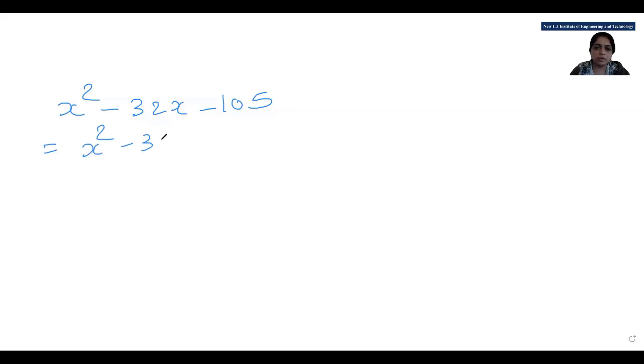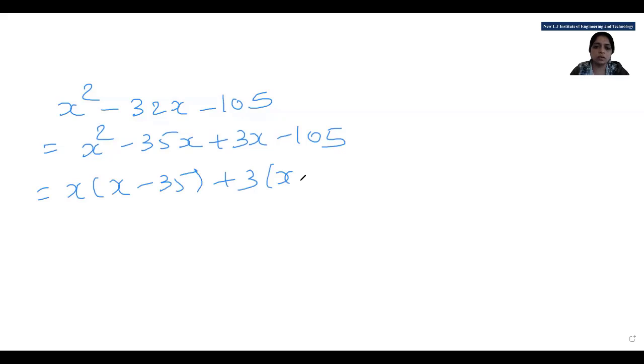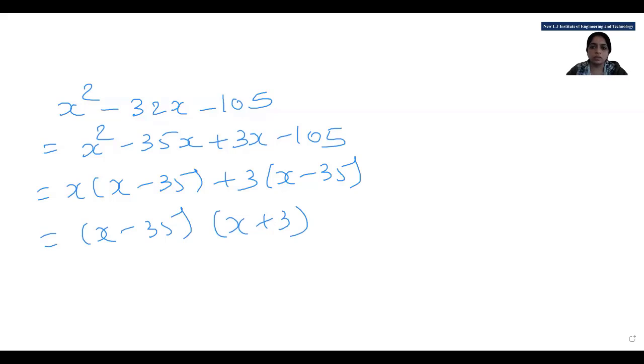So x square minus 35x plus 3x minus 105. Taking x common, x minus 35, and 3 common, again x minus 35. So x minus 35 and x plus 3.